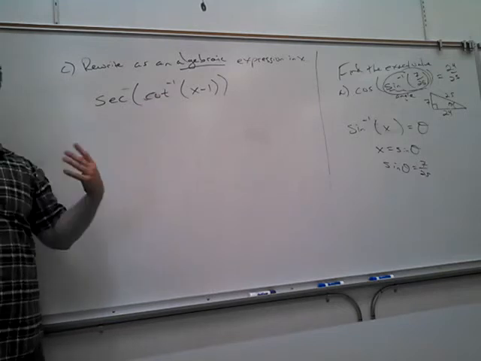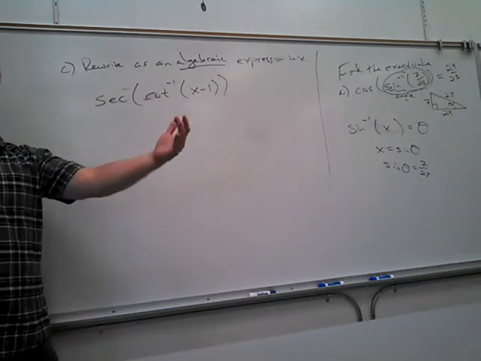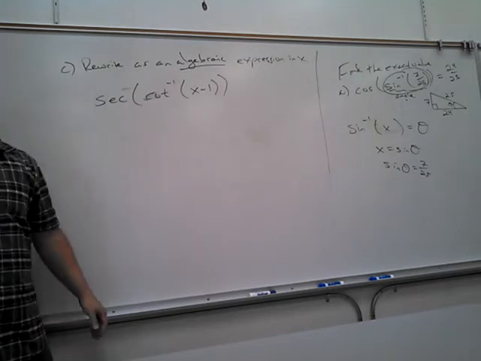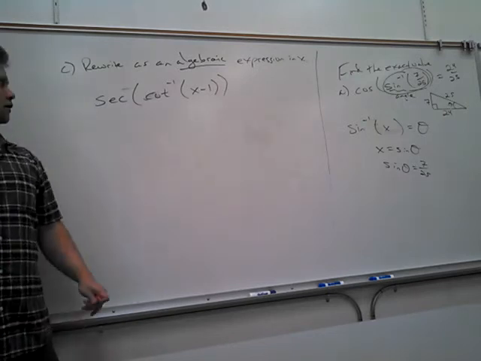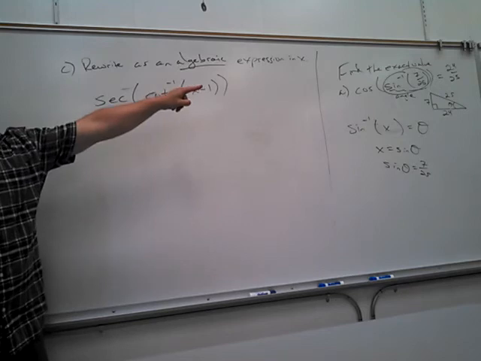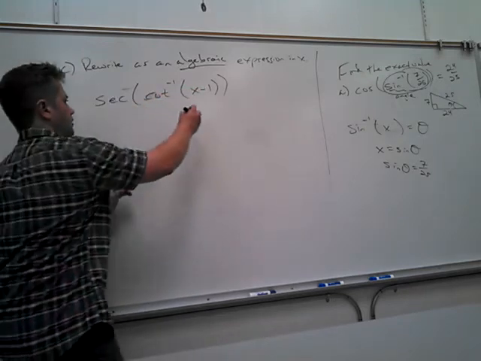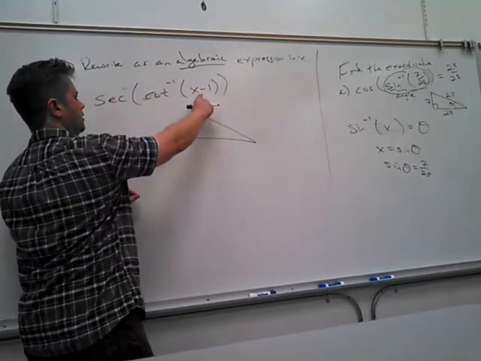You've got to get past caring if you have numbers or variables. Numbers and variables, they're both just symbols for stuff. Who cares? So I can do the exact same first step, which is what? Draw a triangle. So what sides am I talking about now for this guy?